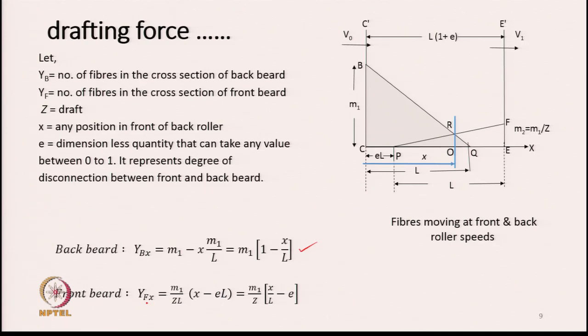It is also the equation of the line PF. If you follow the same procedure and try to find out the equation of the line PF, which is a straight line, you will get this particular equation. You try on your own, very simple. If we write m1 by z, then we can write it as x by L minus E.